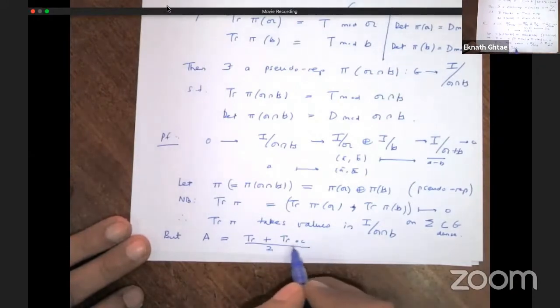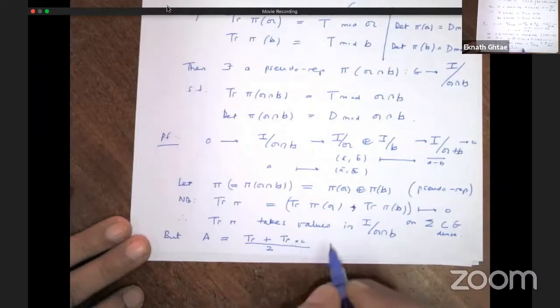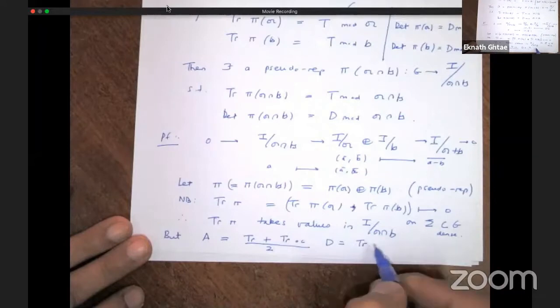It might be sigma C, but I hope it's C sigma. I've got the composition order. This is what I mean by that anyway. And D is equal to trace minus trace of composed with C over 2.